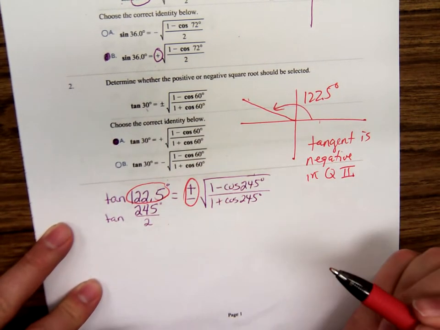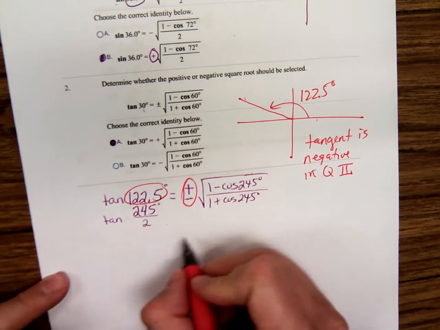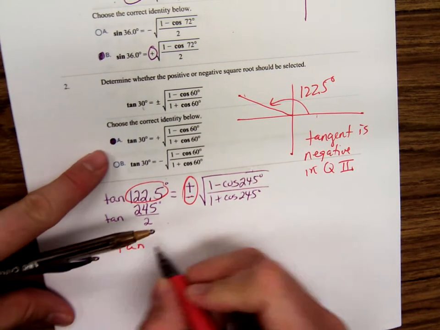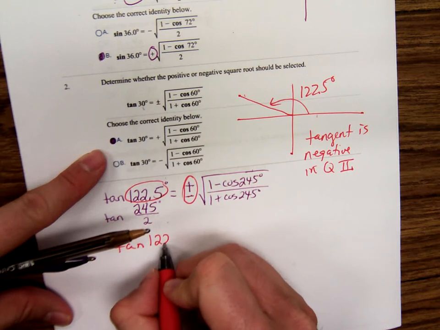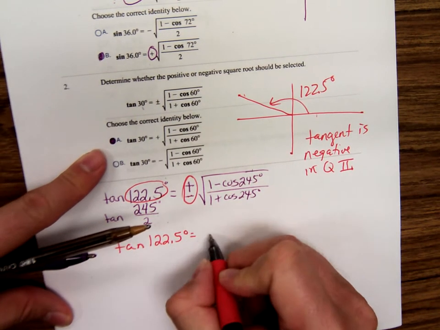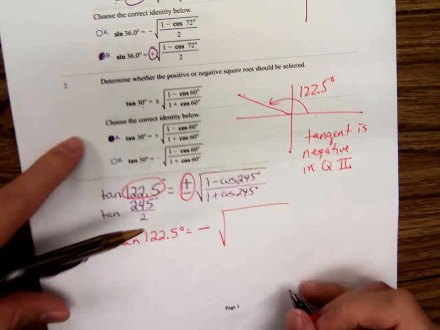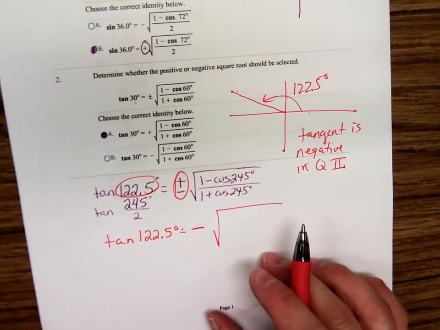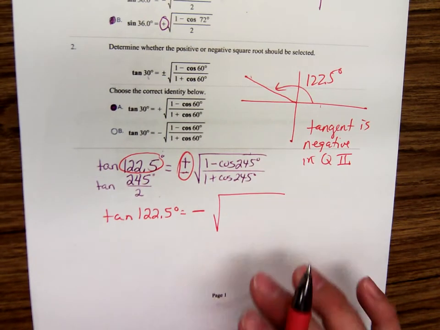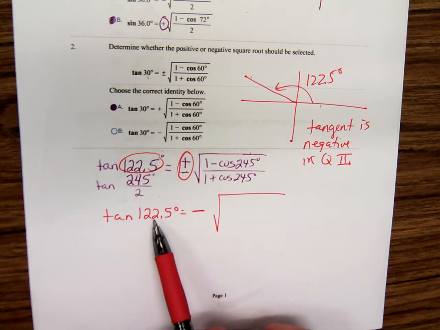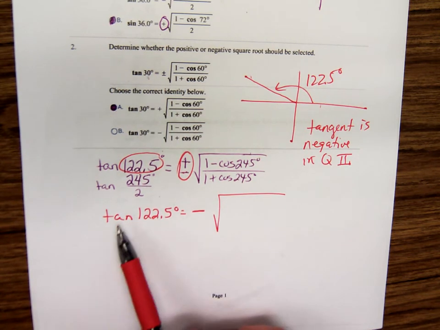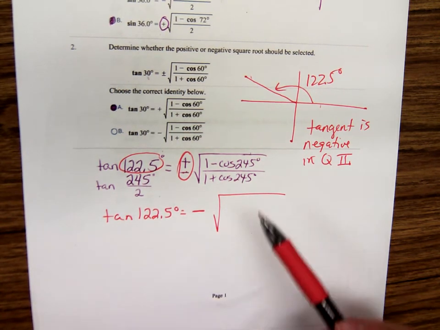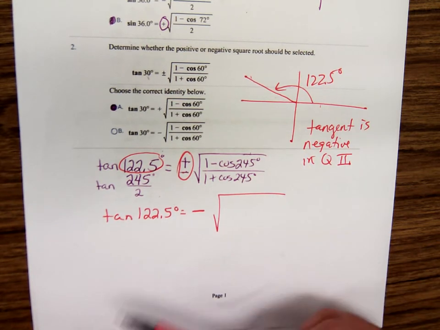So, I was about to say I marked the wrong answer, but no, I made up this one. It's a negative square root. You're looking at the sign in that quadrant. In quadrant 2, the tangent function, sine over cosine, is negative.